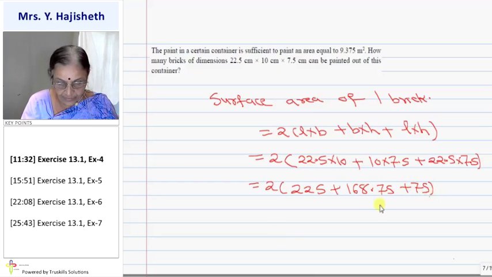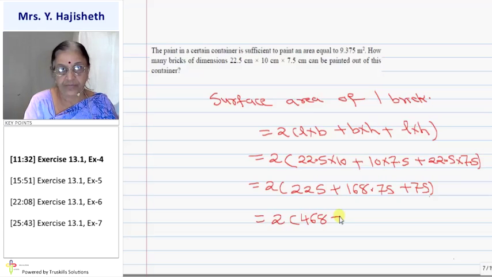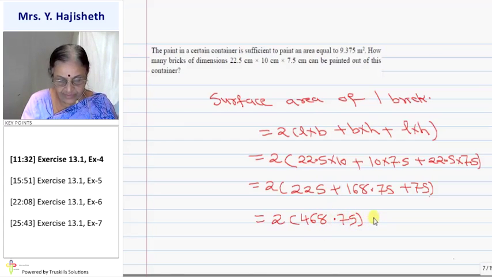Okay. So my answer is 2 times 468.75, right, centimeter square. If I multiply, it is coming 937.50 centimeter square.